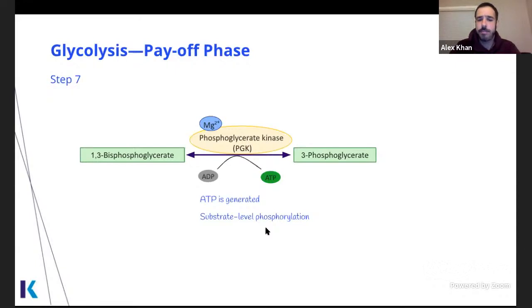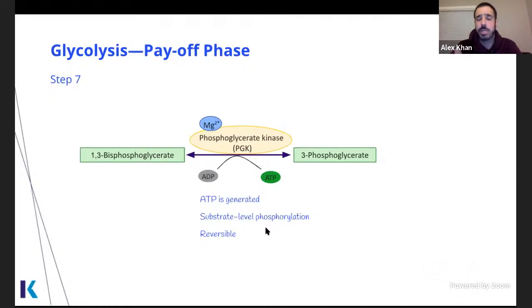Substrate level phosphorylation is where the enzyme is directly making our ATP, instead of using oxidative phosphorylation and the proton gradient. And of course, this is once again reversible because it's not one of our 3 main irreversible enzymes.